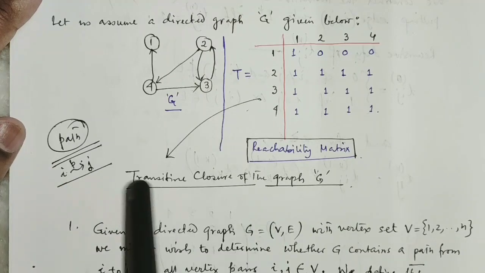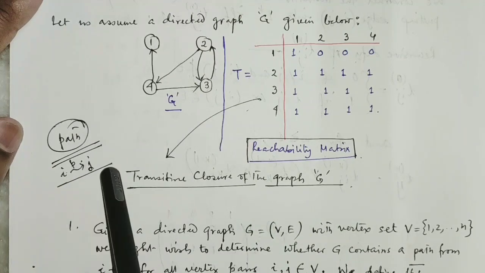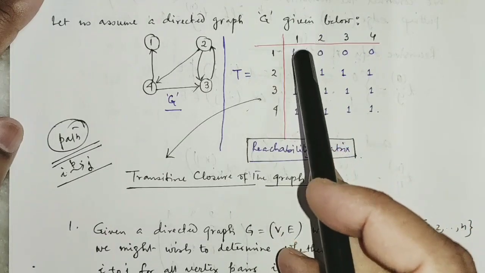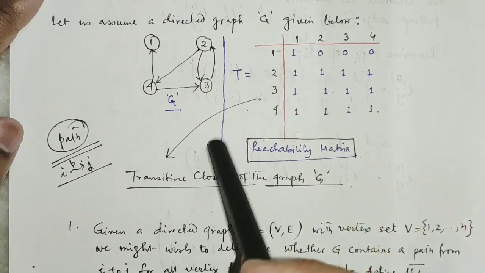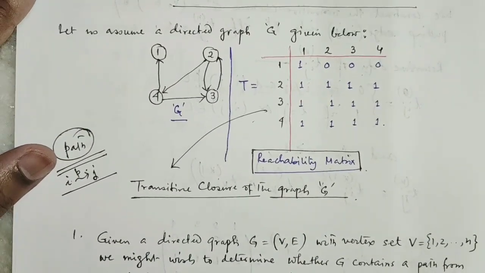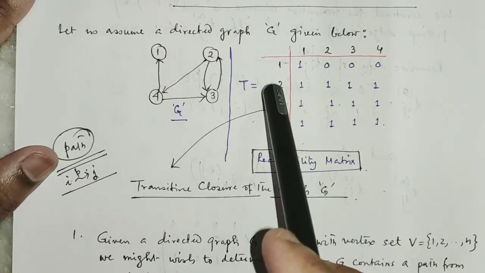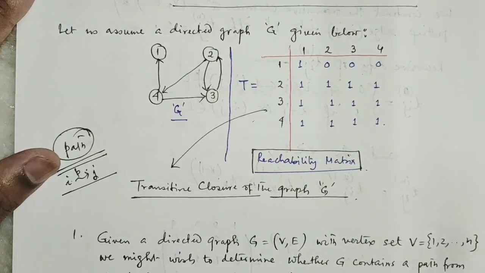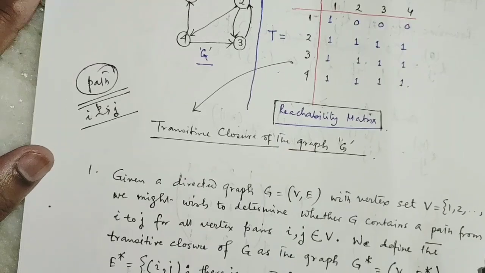That means if there is a path from I to J, then you put 1. So row is I, column is J, that's why I to J is 1 provided there is a path. And also for self-reachability it is 1. So that's why the principal diagonal is 1. Fine. 1 to 1 reachable, 2 to 2 reachable, 3 to 3 reachable, 4 to 4 also reachable.